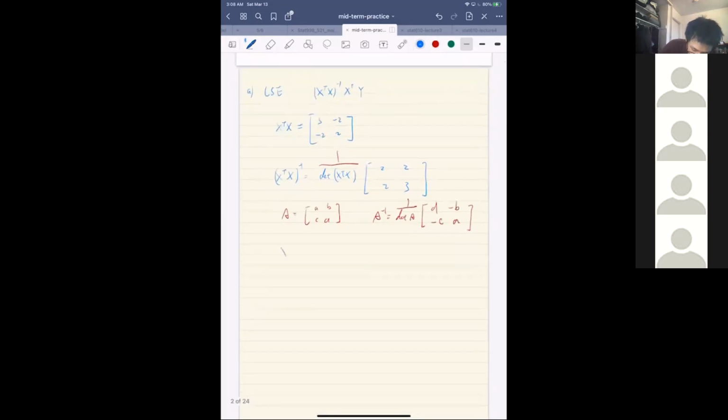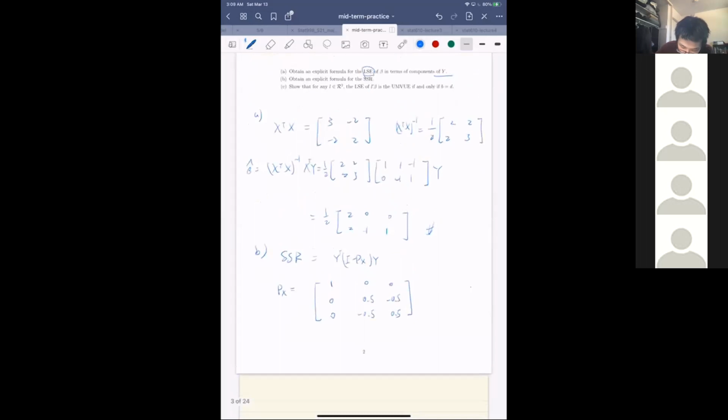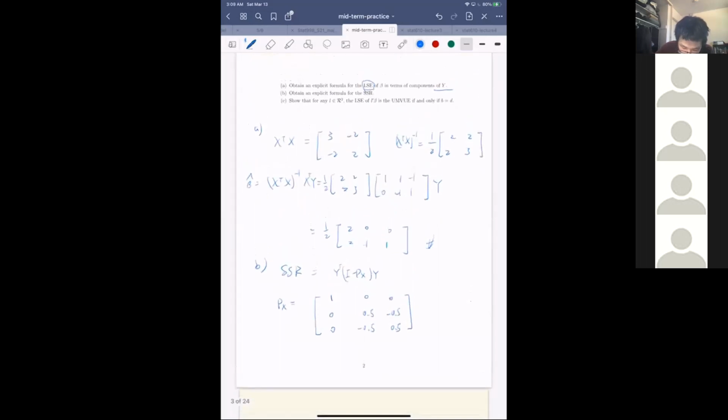And you figure out what this is. Yeah, then just some calculation, you can figure out this is equal to this.